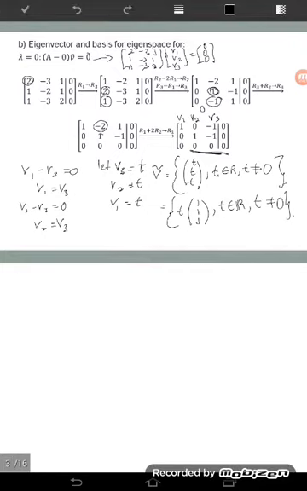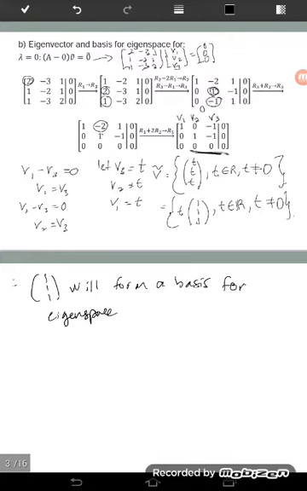Okay, so therefore vector 1 1 1 will form a basis for eigenspace of lambda equal to 0.